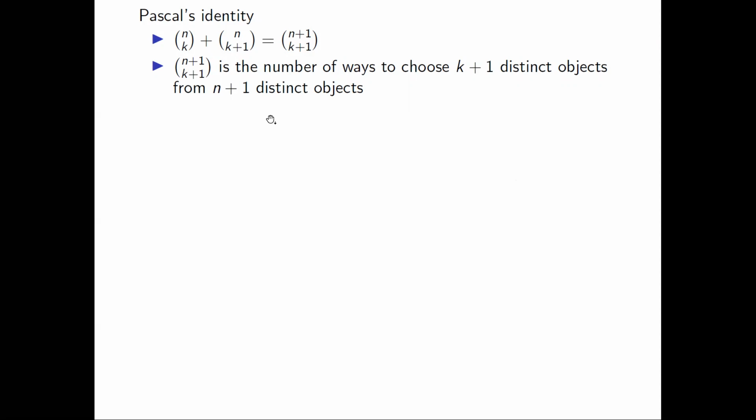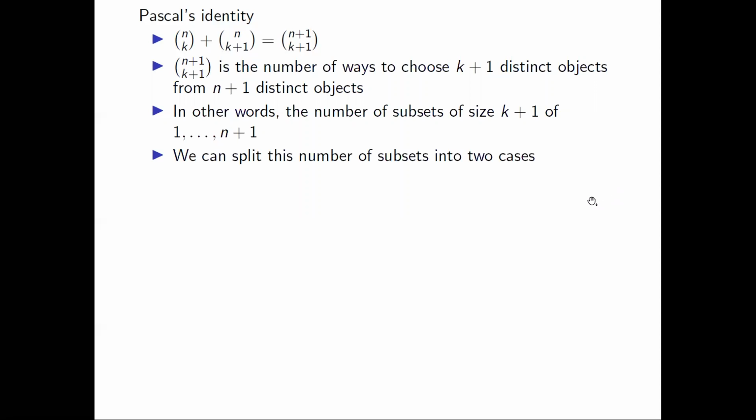This is the number of ways to choose k plus 1 distinct objects from n plus 1 distinct objects. Order does not matter. There's no repetitions. And another way we can view this, which we saw in an earlier video, is this is the same as the number of subsets of size k plus 1 of the set 1, 2, up to n plus 1.